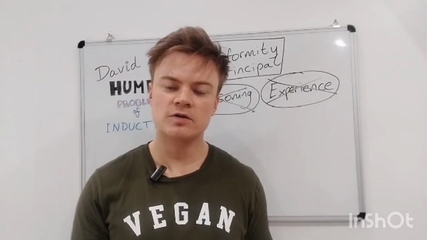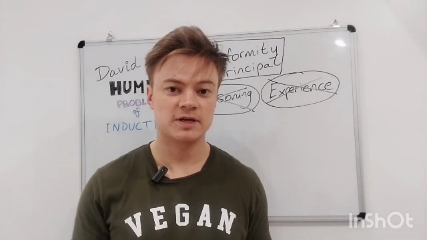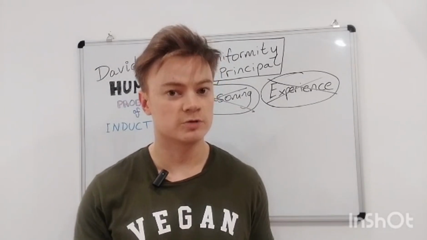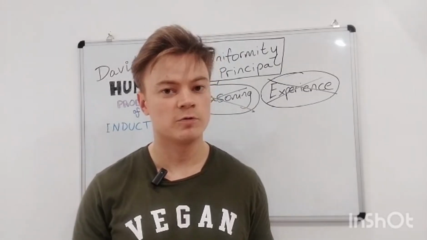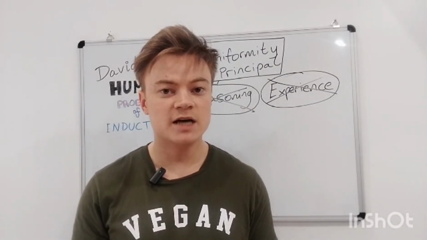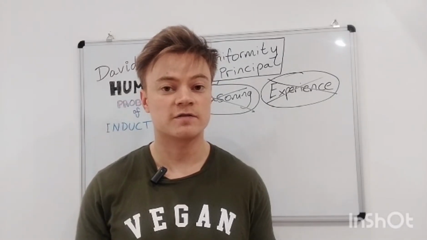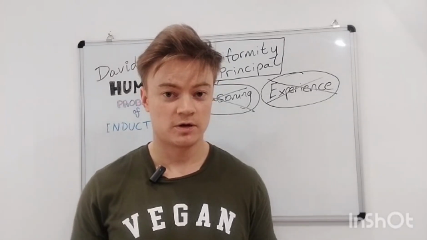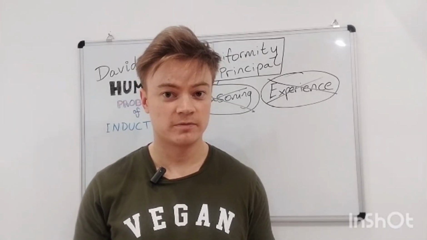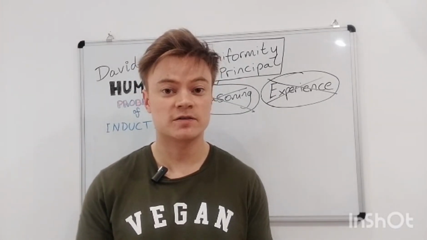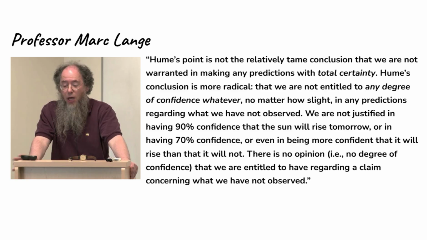It's important to note, though, that Hume isn't saying simply that we can't know with total certainty that the pen will fall to the floor. He's arguing, rather, for the much more radical conclusion that we're not justified at all that the pen will fall to the floor. He's actually saying we're not justified at all in any inductive inference we make.